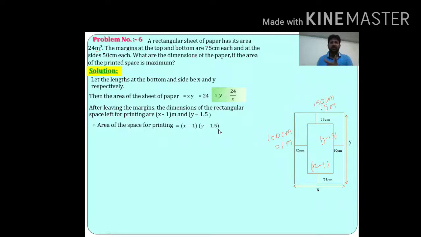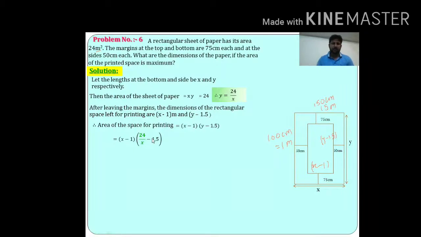Let us substitute here the value of y as 24 by x. So the equation is obtained only in terms of one variable, that is x. So the area of printed space A is equal to x minus 1 into y replaced by 24 by x, minus 1.5. Let us multiply these two brackets.